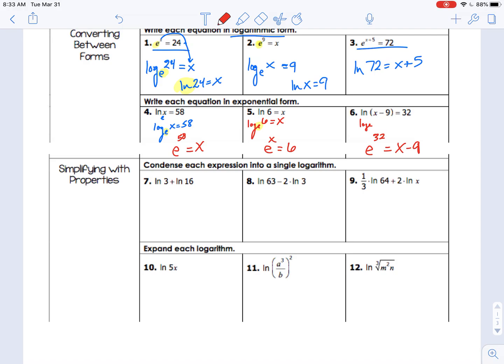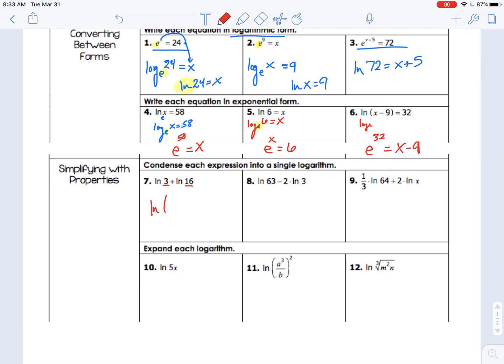Okay, now let's get a couple of simplifying properties back in our head. It's been a little bit since we've done one of those. So if I'm adding two logs with the same base, what do I do with the numbers within the logs themselves?